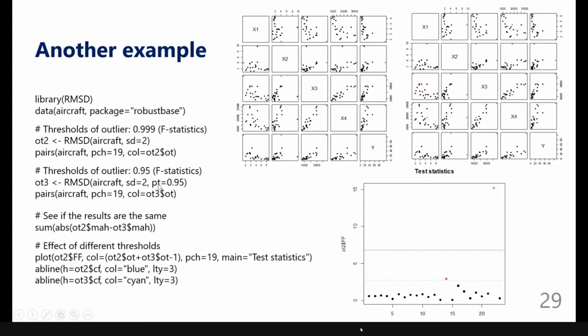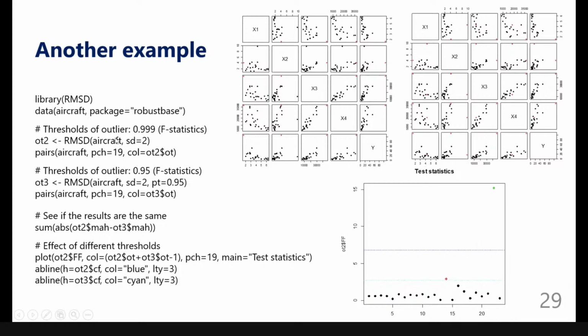In this case, we also change the threshold to decide outliers. This is the real result of the first execution: one outlier is detected, but with a different threshold, 2 outliers are detected.